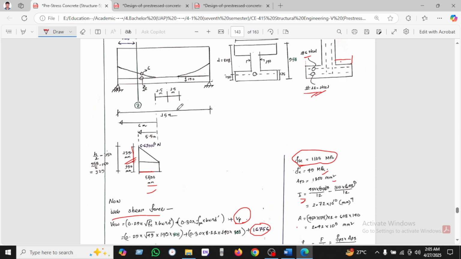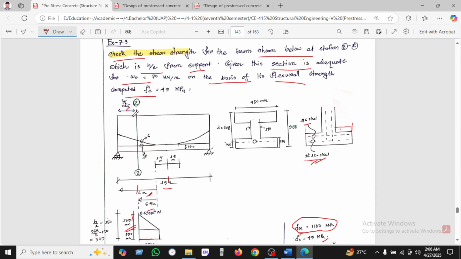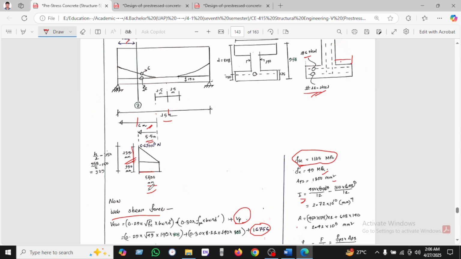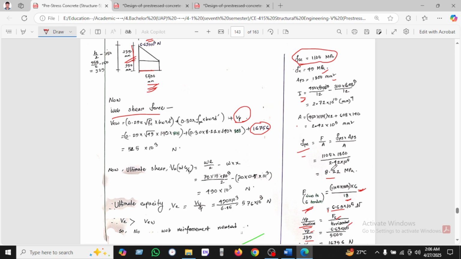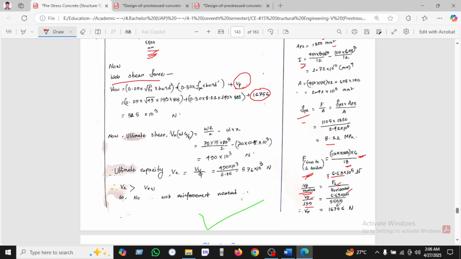I will calculate: we know the total is 15, but the half portion is 7. If we deduct this value, 6 minus 0.5, we find 5.5. That means 5500 millimeter, and we find VP, this value.